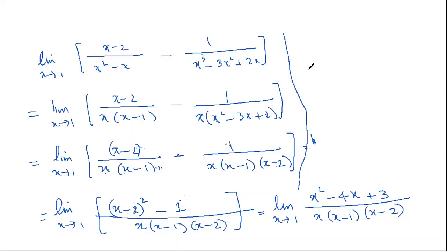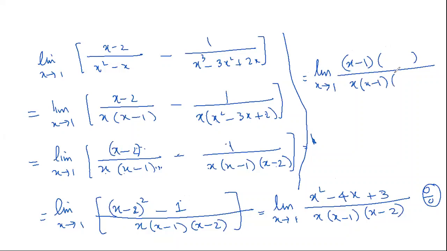After you have done that, now we go to our old method. When I put 1, the numerator is getting 0, and the denominator also I'm getting 0, which means x minus 1 is a factor. Can you tell me what is the other factor?